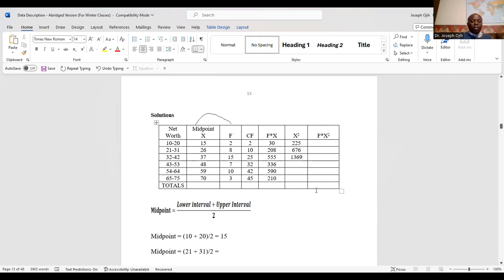You can verify them with your calculator. And you have 2304, 3481, and 4900.